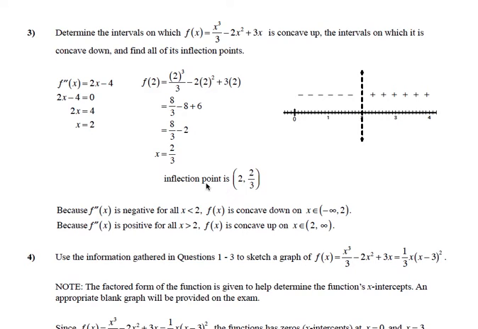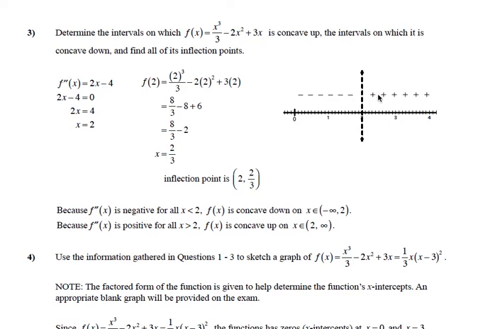Now as for the intervals of concavity, because the second derivative is negative for all values of x in this interval, the function is concave down on that interval, negative infinity to 2.